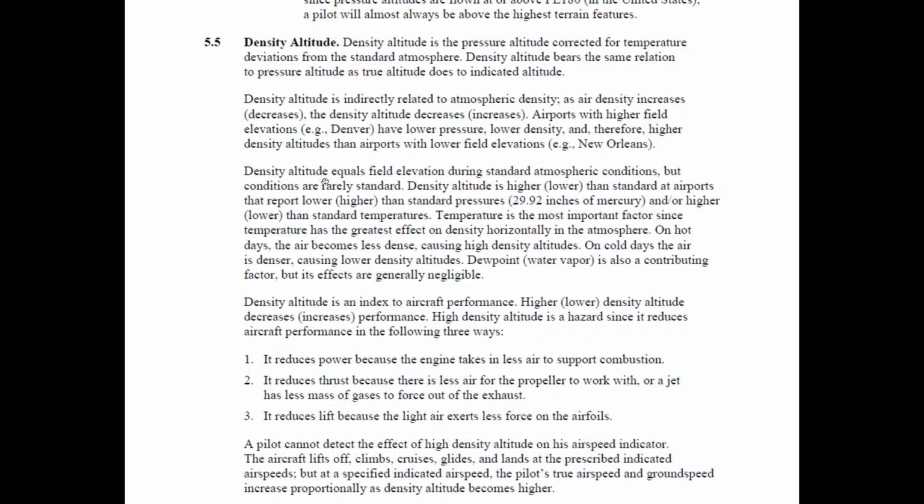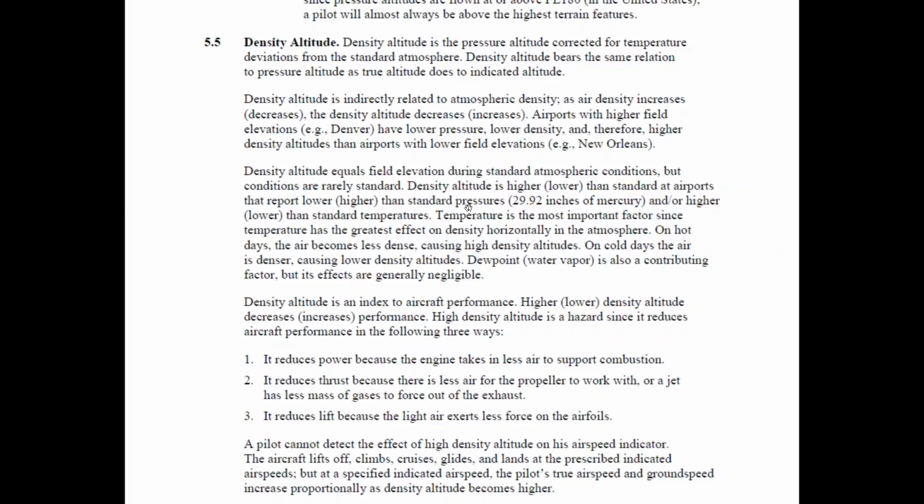So airports with higher field elevations like Denver have lower pressure, lower density, and therefore higher density altitudes than airports with lower field elevations like New Orleans. Density altitude equals field elevation during standard atmospheric conditions, but conditions are rarely standard. Density altitude is higher or lower than standard at airports that report lower or higher than standard pressures.